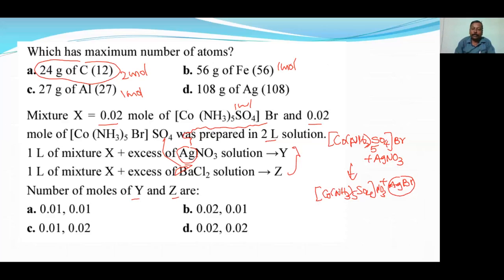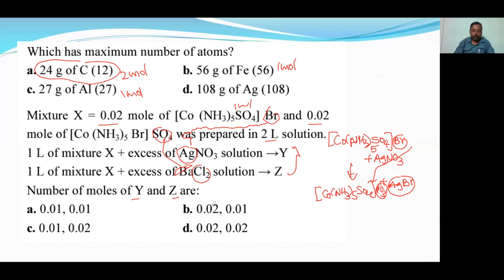Here, if AgNO3 is reacting, it will replace the bromine. Here you can find NO3 is replaced. Bromine was there, and that's the place of NO3. Same way here SO4 will be replaced with Cl2. So there won't be any change but 2 changes.